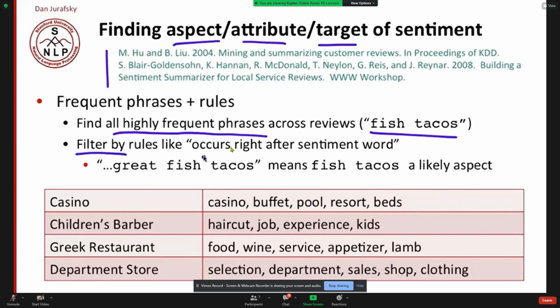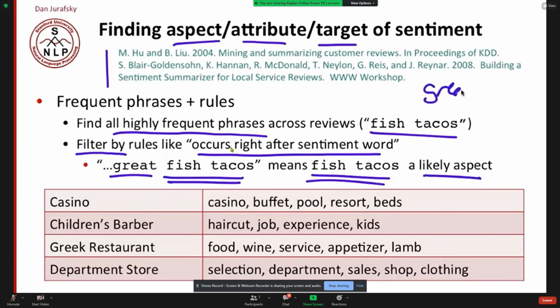And then we have filters that say we prefer highly frequent phrases if they occur right after a sentiment word. So maybe we very often see the phrase great followed by fish tacos, or terrible followed by fish tacos. That suggests that fish tacos is a likely aspect of, let's say, a taqueria.